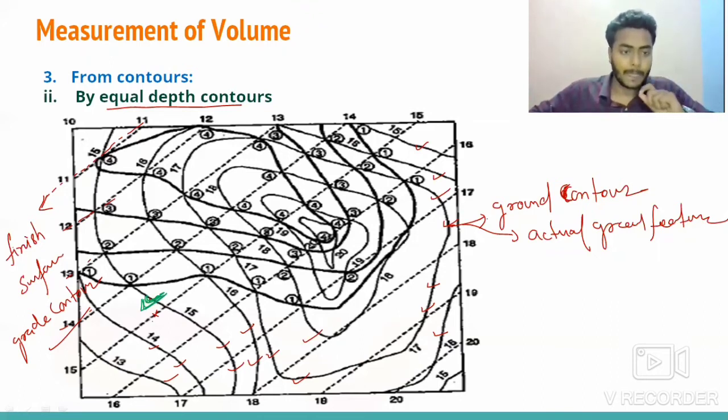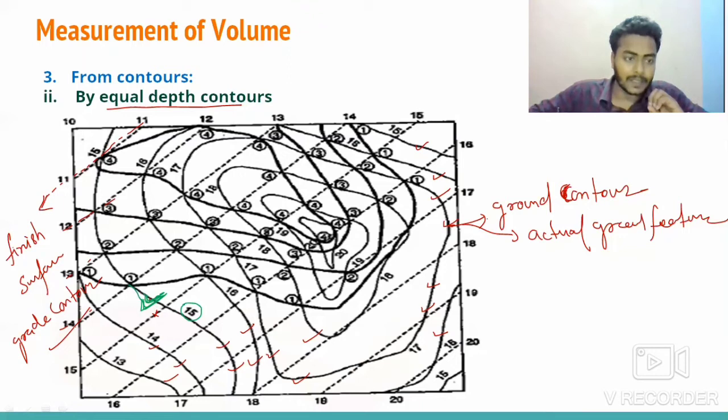Okay. So the elevation of this point, you can see the contour is 15. So suppose this contour 15 is 15 meter. So the elevation of the ground at this point is 15 meter from the benchmark, or from the mean sea level, whatever.